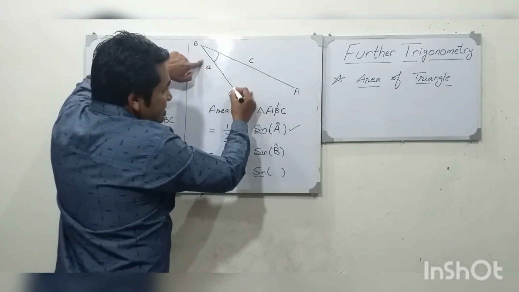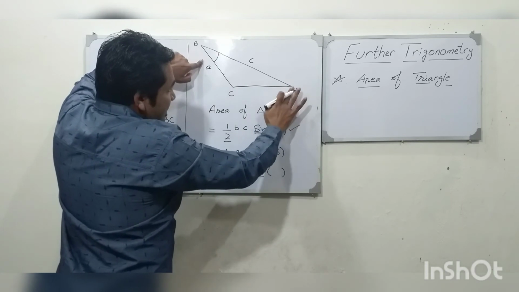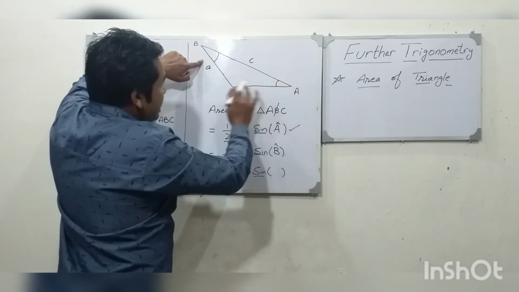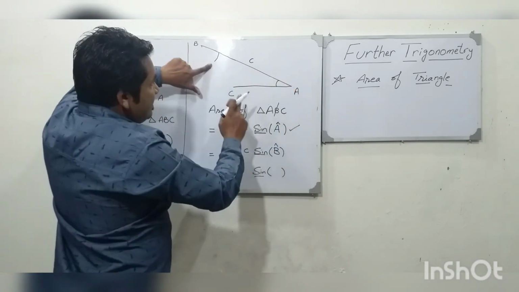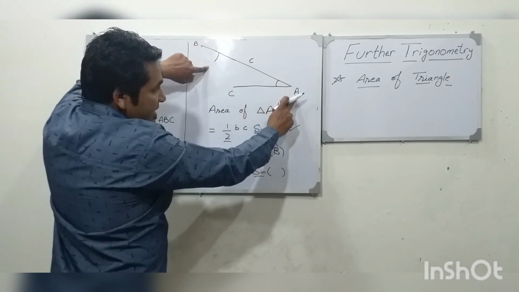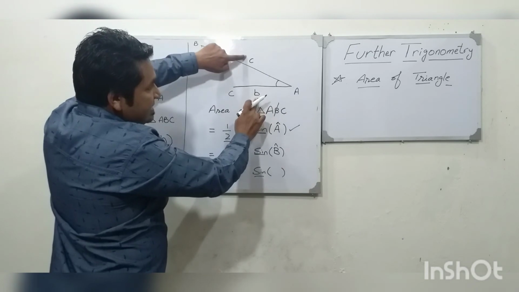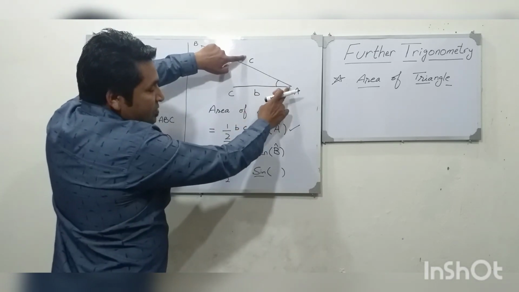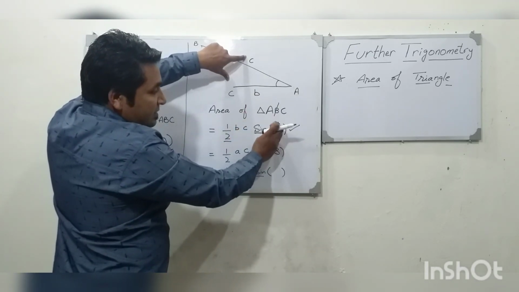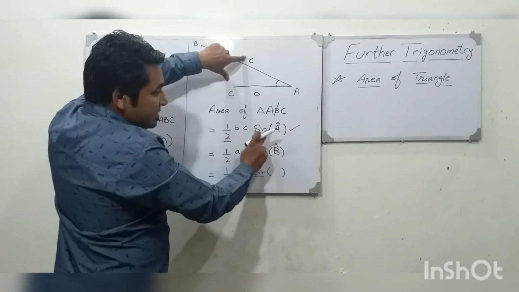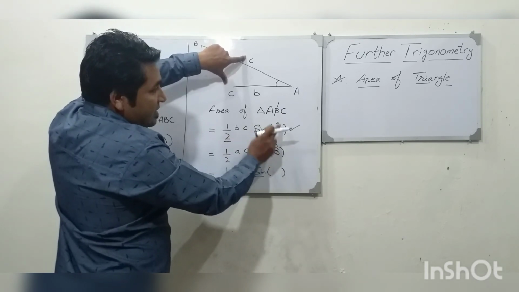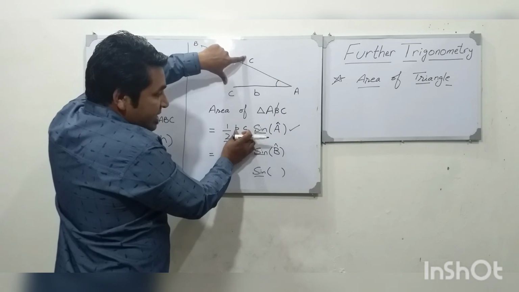When it was given here at A, then we used angle A, and sides were b and c. So the sides which are sharing this common vertex A, those sides we are supposed to write here.